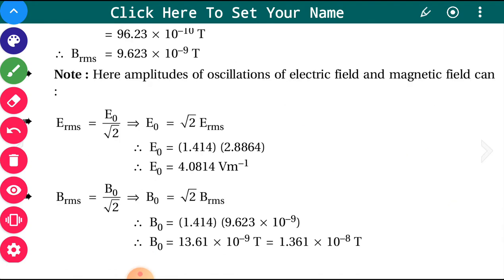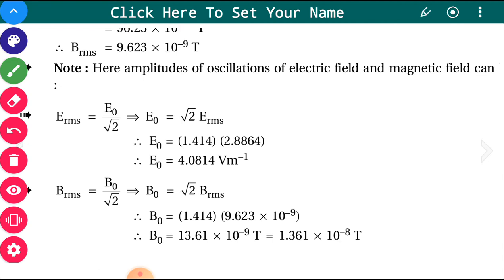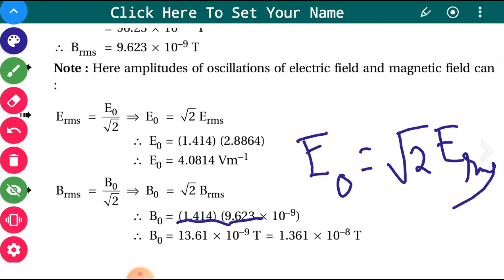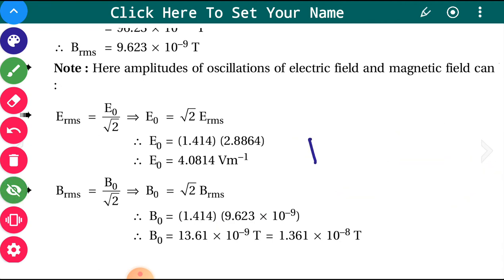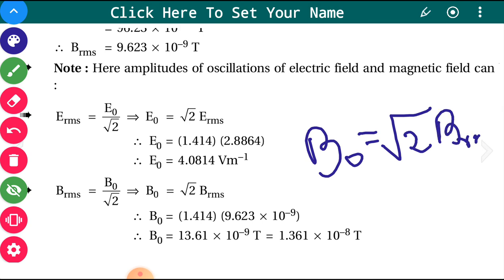Similarly, you can find the maximum value of the magnetic field, that is B0 is equal to square root of 2 multiplied by B RMS. So we just have to multiply B RMS by root 2, and you get the value of B0.